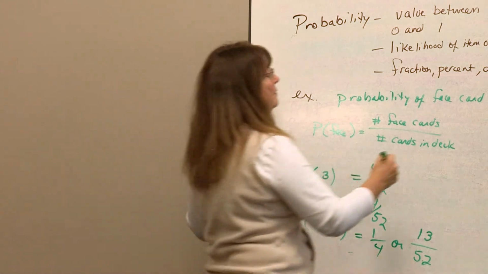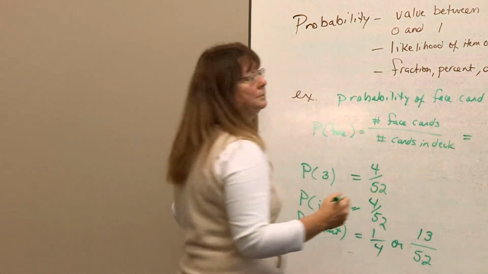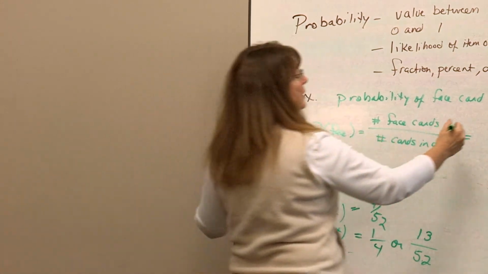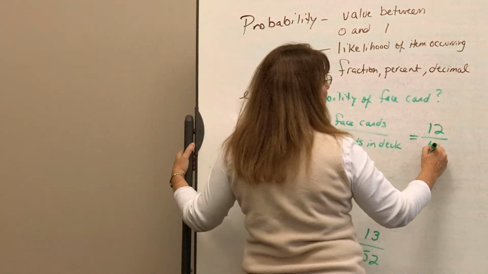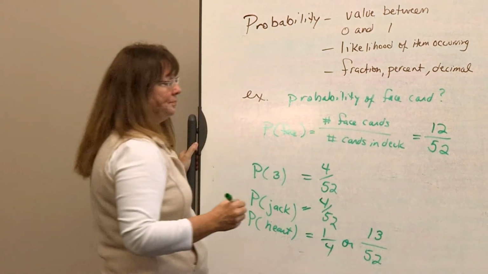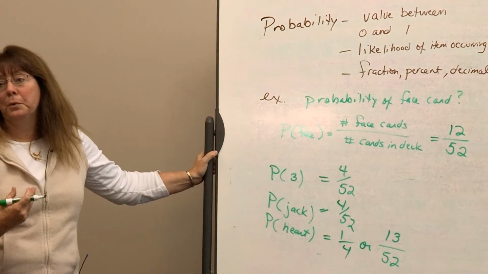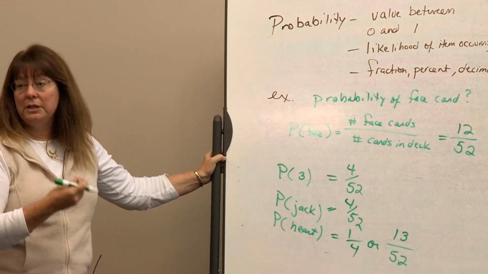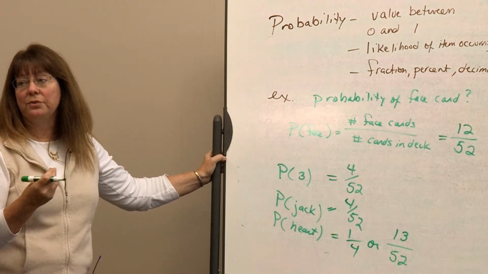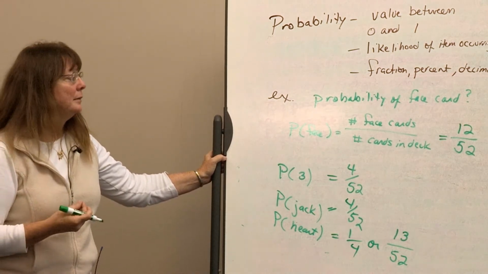So how many do we have that are face cards altogether? 12. 3 from each different suit. And there were 4 suits. And we got 52 cards. And you could reduce it if you wanted to, or think about it differently. I have 3 out of the 13 cards every time in each suit that's a face card, so it's the same idea.